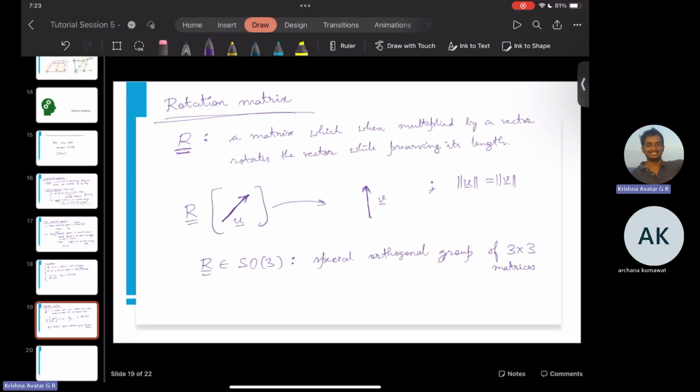That is what 3 implies here. Since it belongs to the SO3 group, R has certain properties. The first property is that the determinant is plus minus 1, and its inverse is its transpose. R transpose is equal to R inverse, or rather better to say R inverse is R transpose.